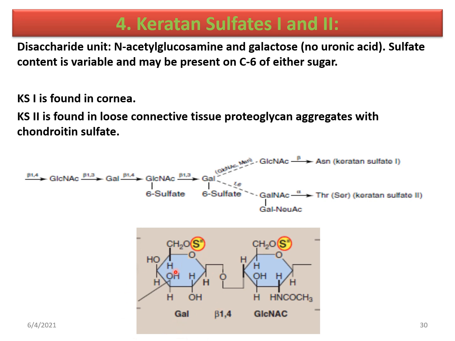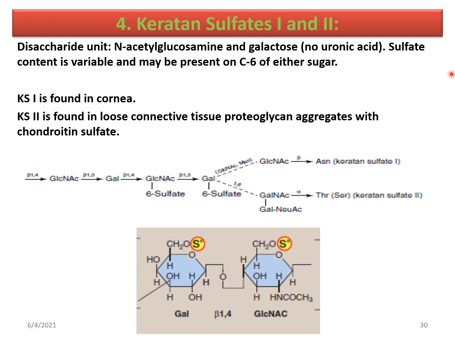It is important to say here that keratan sulfates 1 and 2 are the only glycosaminoglycans that have no uronic acid. There is no uronic acid in keratan sulfate, but instead there is the monosaccharide galactose.